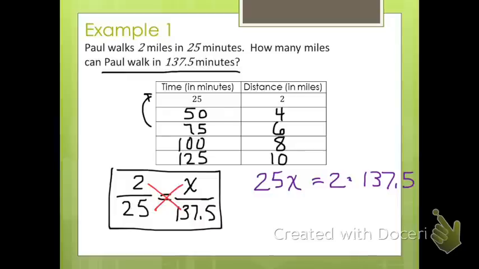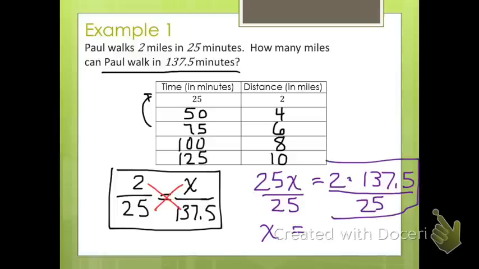Now all that's left to do is to solve for x. To solve for x, I need to divide by 25. So my distance, x, in miles, that Paul can walk in 137.5 minutes is this right here.